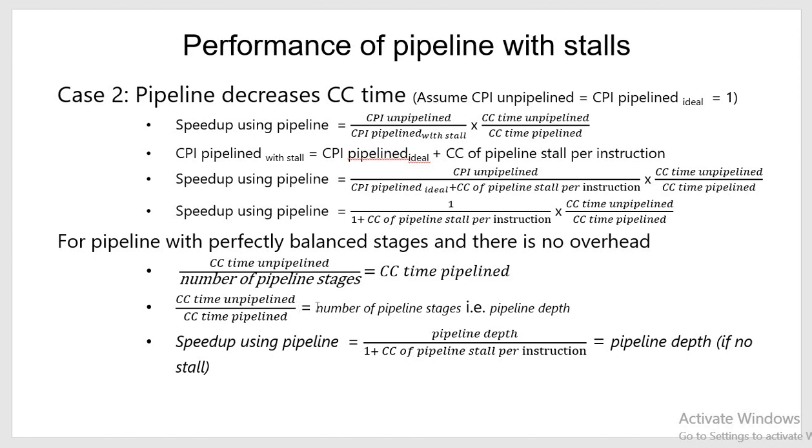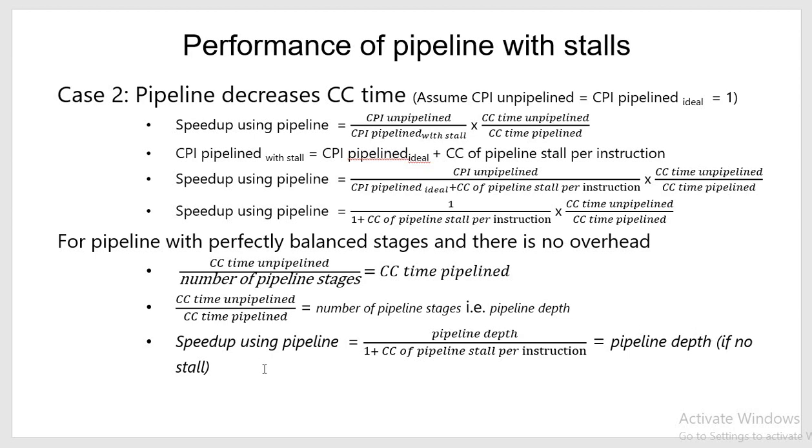So the number of pipeline stages will be equal to CC time unpipelined upon CC time pipeline. So what will be the speed up? Speed up will be pipeline depth. So we will replace this, which will become pipeline depth upon 1 plus CC of pipeline stall per instruction, and that will be equal to pipeline depth if there is no stall.